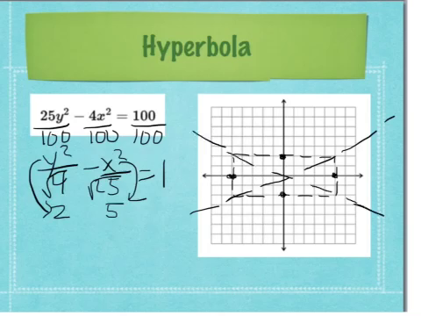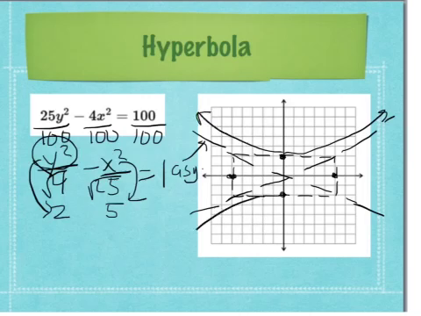And these are asymptotes. Now, when we draw the two parabolas, we look at the letter that's first, which is the y, and that tells us that the parabolas should be on the y-axis. So our parabolas are going this way, up this way, and down this way.